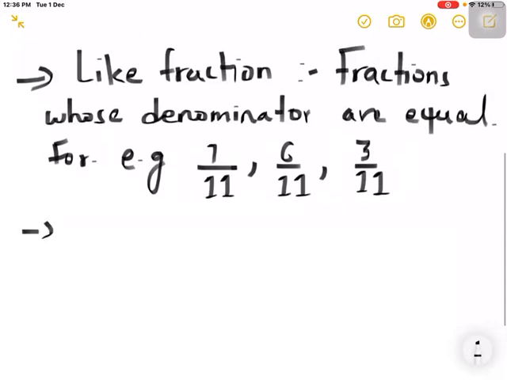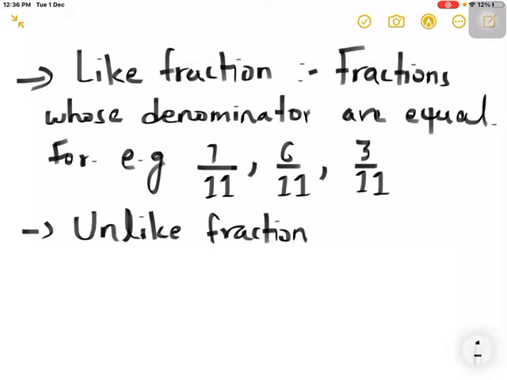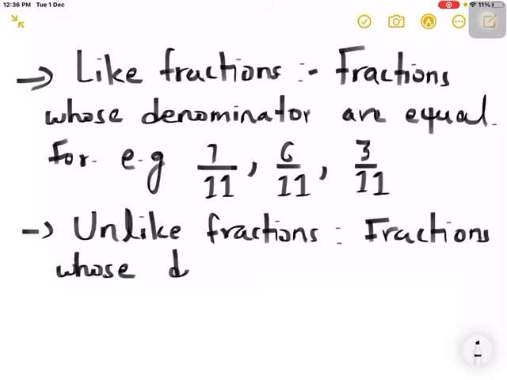Unlike fraction is the opposite of like fraction: fractions whose denominators are unequal.